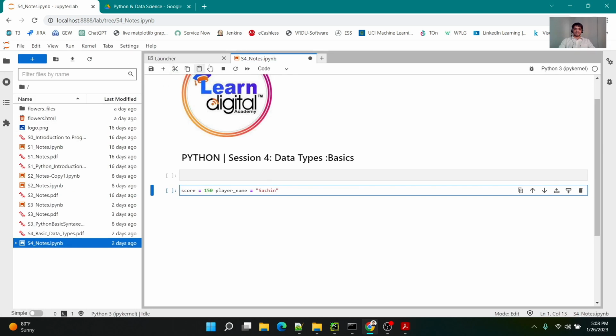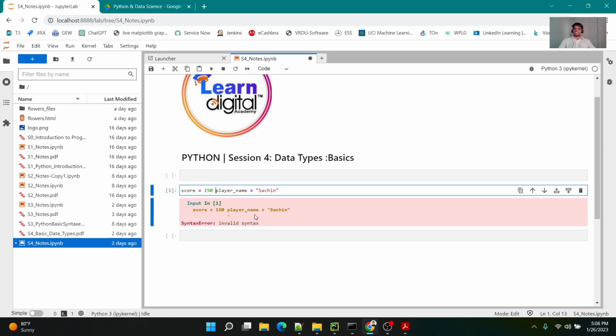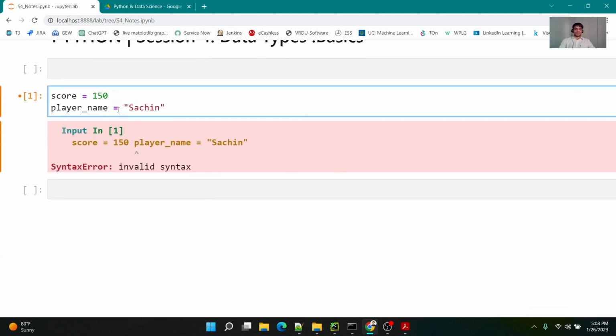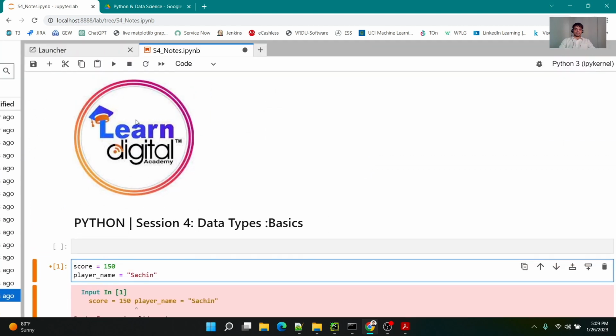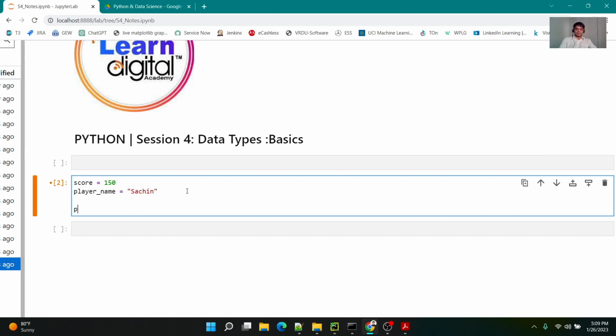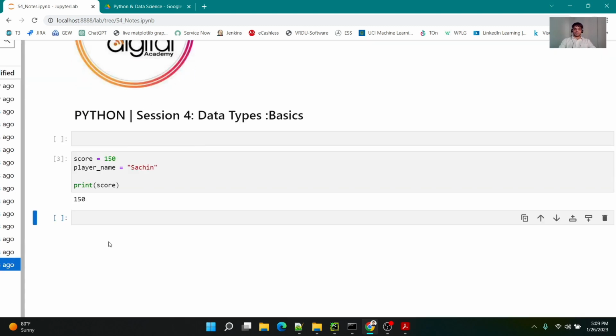If I try to run this, you see here, it has started giving the error. But the moment I shift this instruction to the next line, it gives no more errors. I try to print it, and it is going to conveniently print the answer for you. You see, 150.